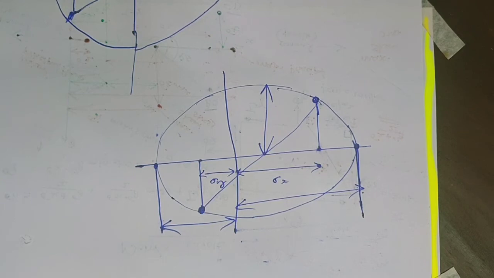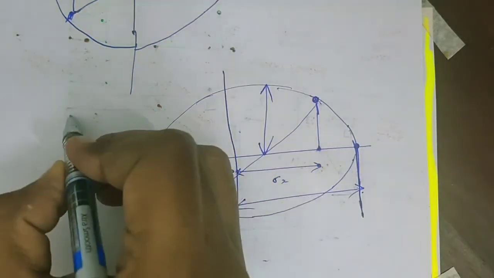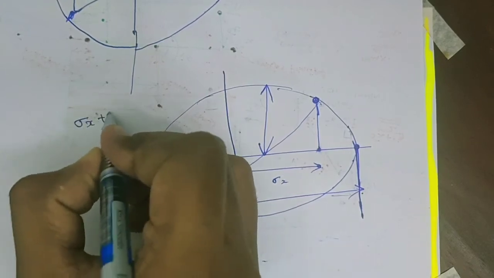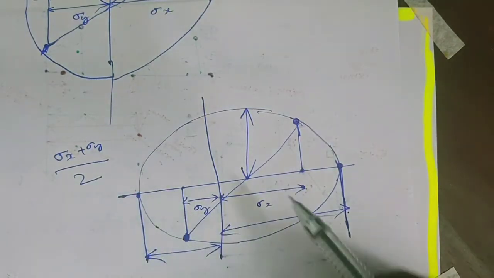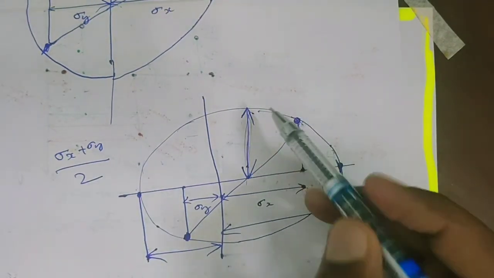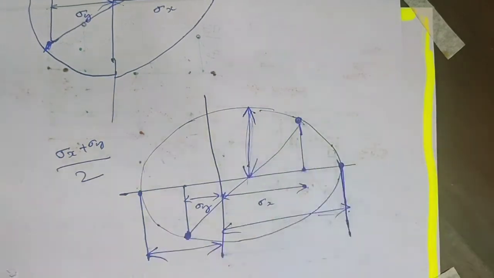So using the Mohr circle method, we can calculate any type of stresses, any stress components, even on an inclined plane, or principal stress or principal shear stress. And the midpoint of this Mohr circle will be sigma x plus sigma y by 2, and the radius of the Mohr circle will be the maximum shear stress.